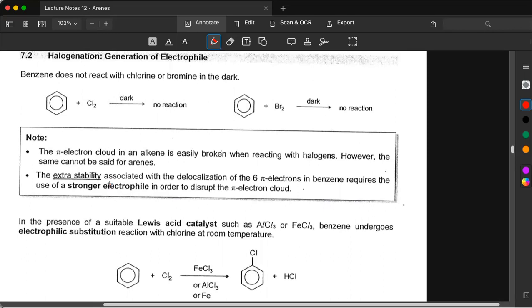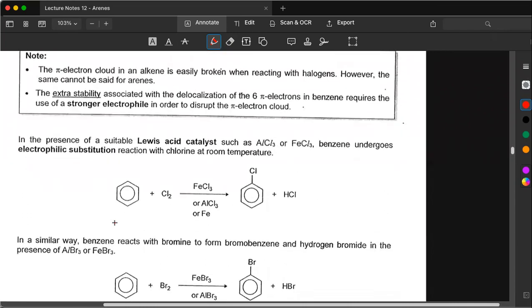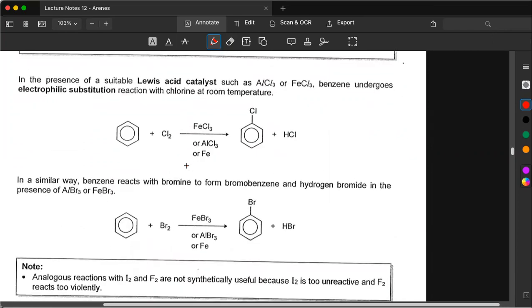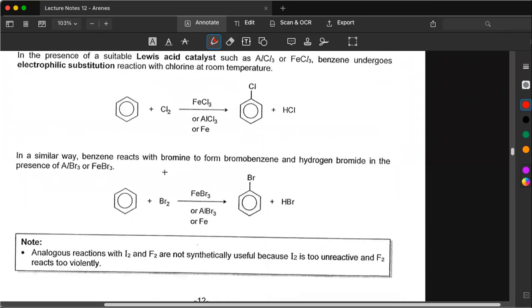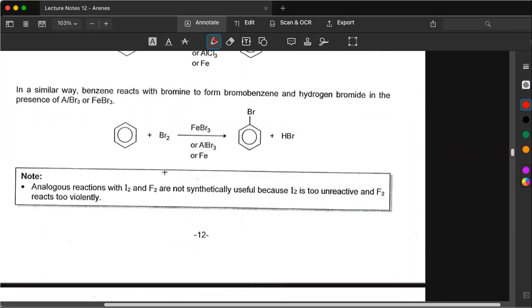The extra stability in the benzene requires use of a stronger electrophile to disrupt the pi electron cloud. So in the presence of a suitable Lewis acid catalyst like AlCl3 or FeCl3, benzene will undergo electrophilic substitution. In a similar way, benzene also reacts with bromine with the use of a suitable catalyst.